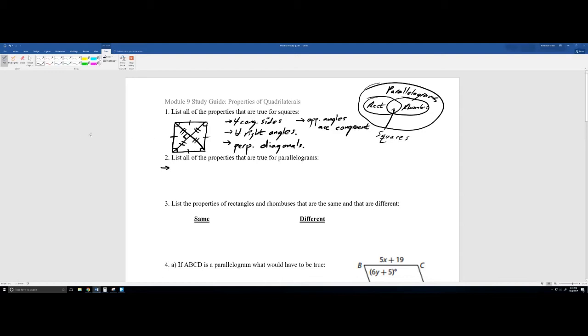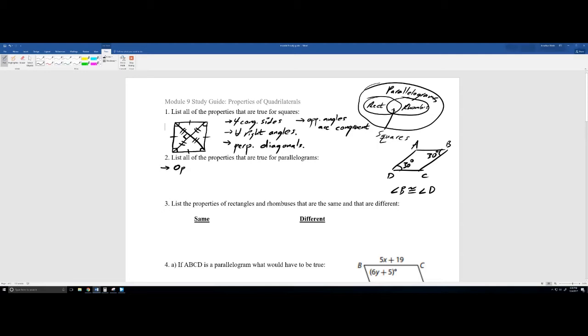Here's a parallelogram. This angle and this angle have to be congruent. If I label them, angle B would have to be congruent to angle D. So if angle B was 30 degrees, angle D would also have to be 30 degrees.